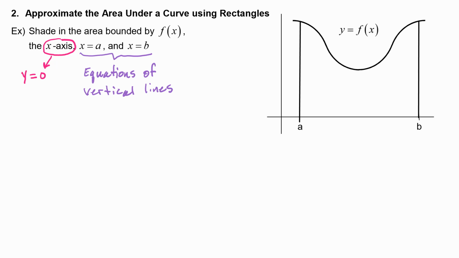And now we want to shade in the area that's bounded by y equals f of x, the x-axis, which is y equals 0, this vertical line, which is x equals a, and this vertical line, which is x equals b. So grab your highlighter and let's color in the shaded area that we are interested in.